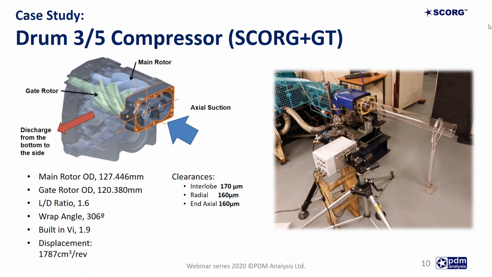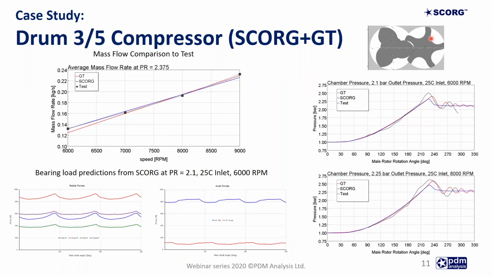Thank you. So the first study was performed on an oil-free screw compressor with 3-5 configuration of rotor lobes and N rotor profile using both SCORG thermodynamics and GT-SUITE. The compressor was measured in the laboratory of City University of London. The results obtained by the SCORG thermodynamic model as well as GT-SUITE were compared with experimental data.